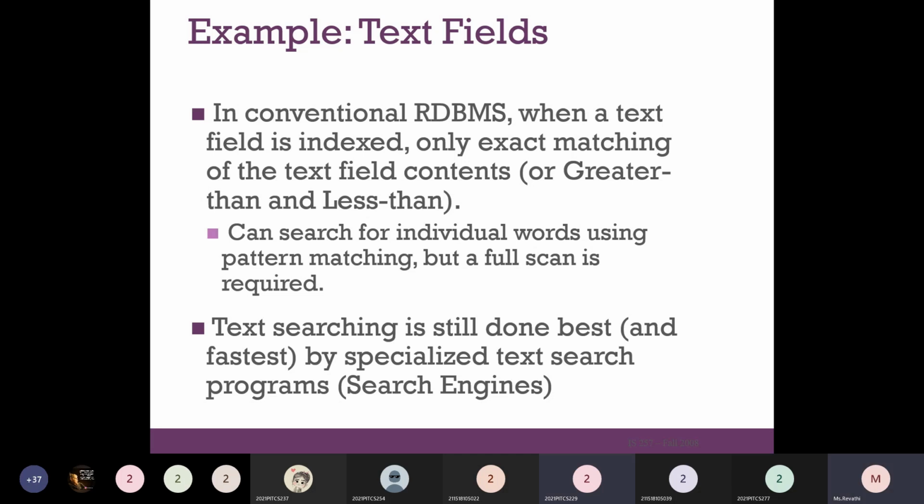Text searching is still done best by specialized text search programs like search engines. In search engines, we provide keywords, the keywords find the match in your website, and it retrieves the respective web page.